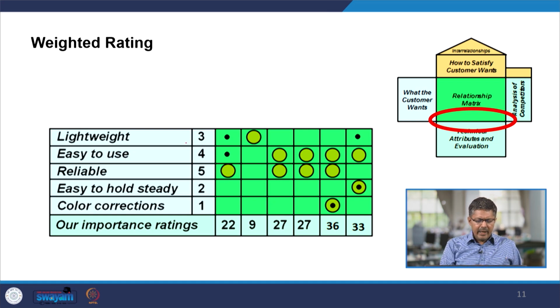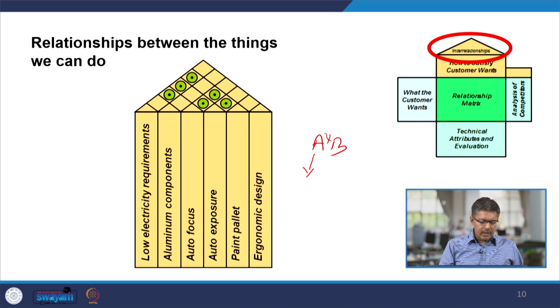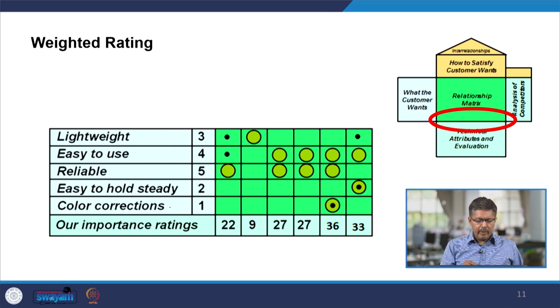So, lightweight, low electricity, aluminum and all. If you make it, it is given some kind of a score and multiplied. So, 3 into 1, 3 plus 4 into 1, 3 plus 4 is 7, 5 into 3 is 15.